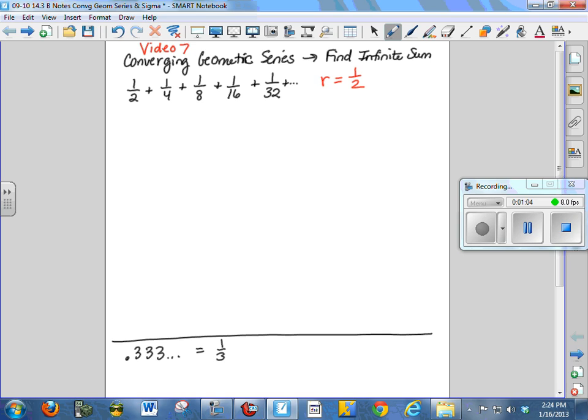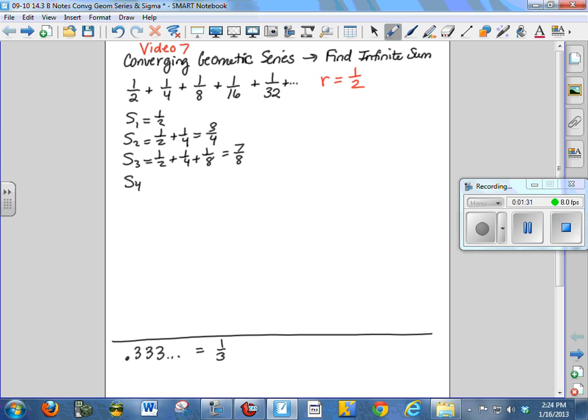We're going to look first at some of the partial sums. So we know S sub 1 is 1/2. S sub 2 is 1/2 plus 1/4, which I hope you realize equals 3/4. S sub 3 is 1/2 plus 1/4 plus 1/8. Well, that's 3/4 plus another 1/8: 6/8 plus 1/8, 7/8.